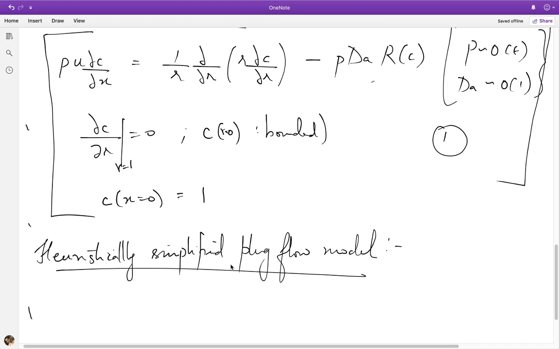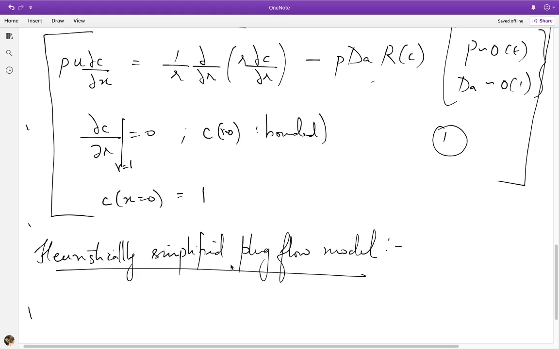When I say heuristically simplified, it means you simplify the model by just using some physical ideas, or even if you scale the problem, you simply set some small parameter to 0 without attempting any systematic estimation of the errors or any systematic derivation of corrected models using perturbation methods.